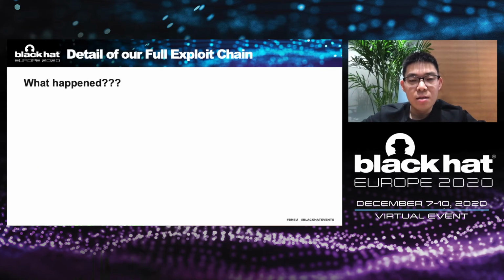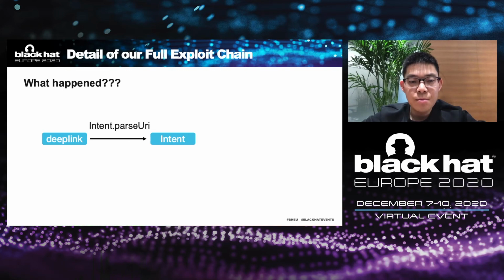What happened? We dive into the deep link parsing code of Android Chrome. Chrome will call the Intent.parseUri function to parse the deep link to an intent object first. Then it does some filtering on the intent.